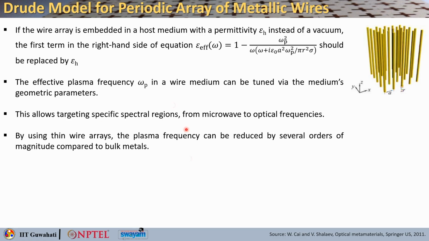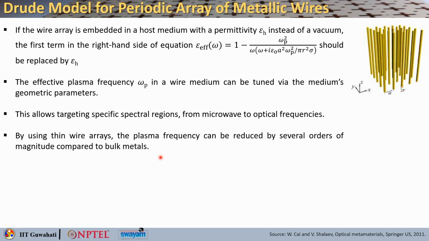By using thin wire arrays, the plasma frequency can be reduced by several orders of magnitude compared to bulk metal. That is a big thing, because typically the plasma frequencies of bulk metal lie in a much higher frequency range.